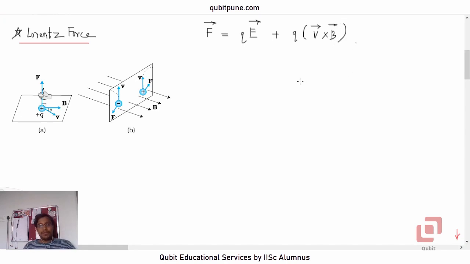Now, this electric part, except for the cyclotron, will always be 0 in this chapter, because we are not studying electric fields anymore. We have already discussed them in the previous chapters. So then a charge can experience a magnetic field, as in this chapter, only if it has a non-zero velocity. And the magnitude of the Lorentz force is given by q v bar cross B bar.